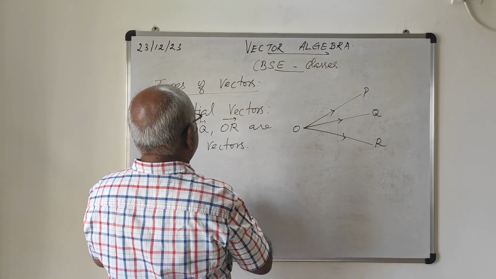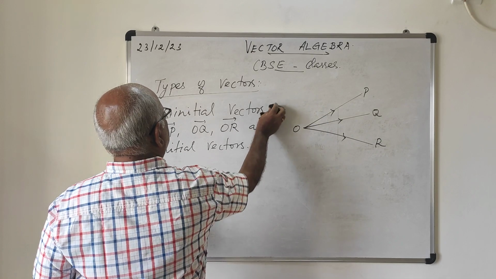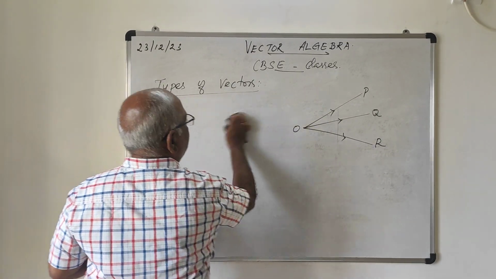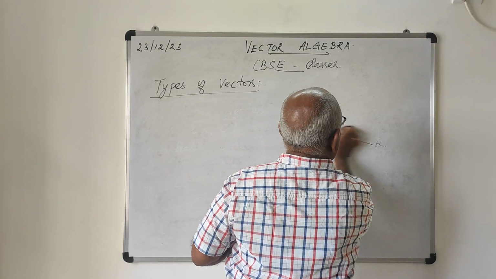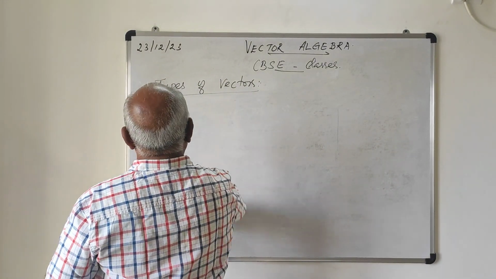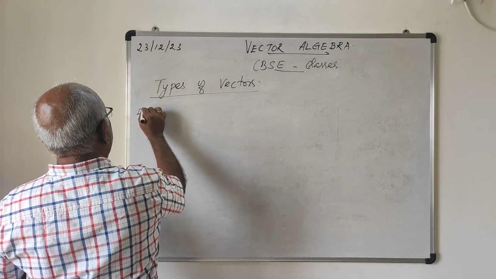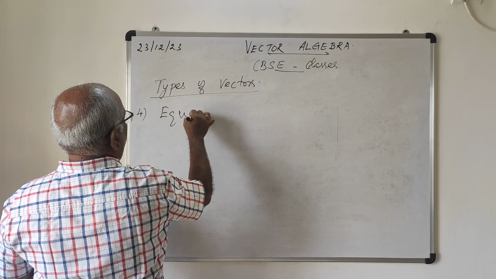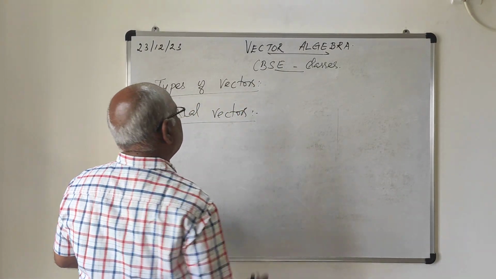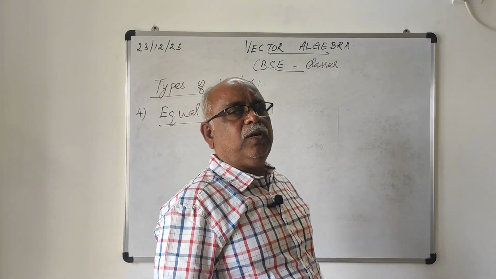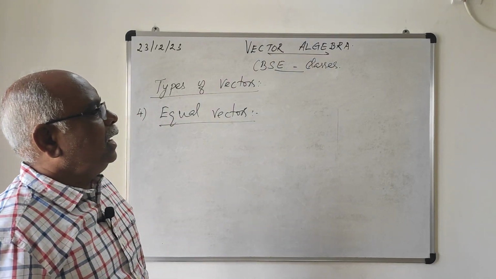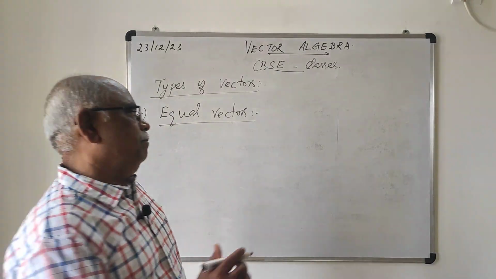Next, the fourth one, equal vectors. Vectors are said to be equal if their magnitude and directions are the same.